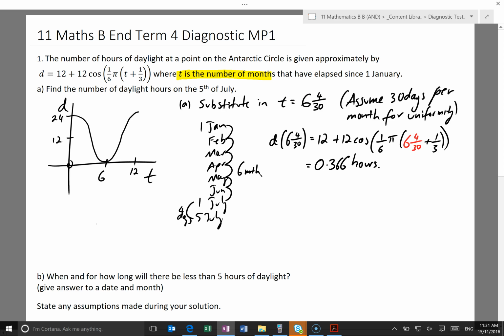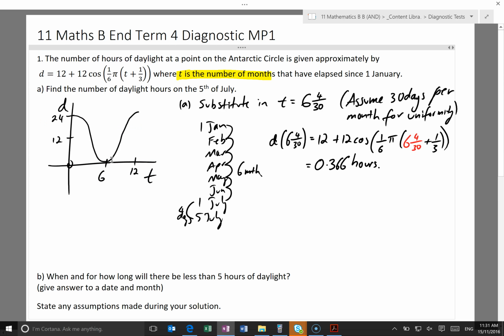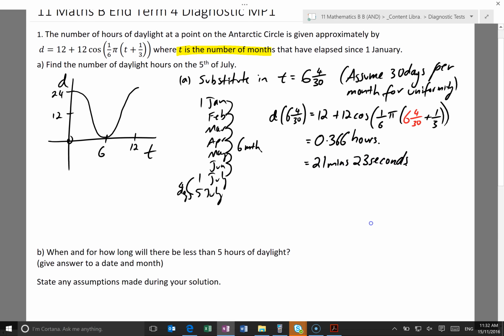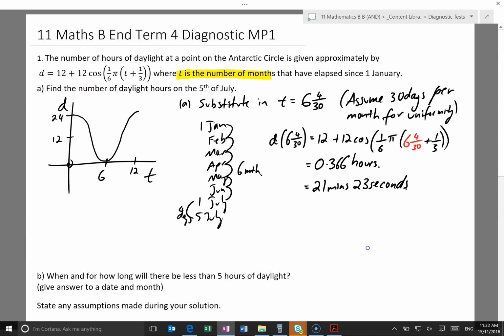If we wanted to, we could change this 0.366 into minutes and seconds by using this angle conversion tool. So 21 minutes, 23 seconds. Okay, not much time to do things during the day in that particular place.